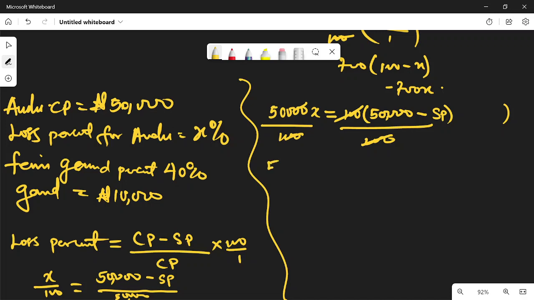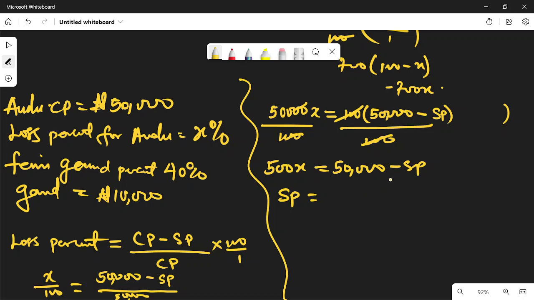You therefore have 500x. I see this now. 500x equals 50,000 minus XP. So the selling price, that is the amount that I'll be selling, what is it called?